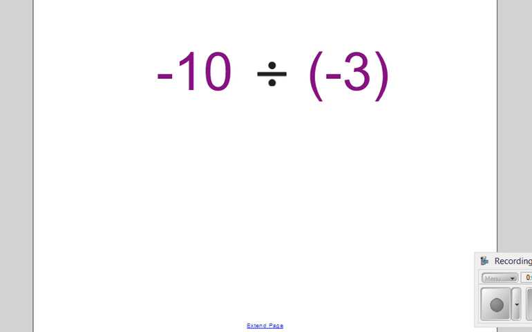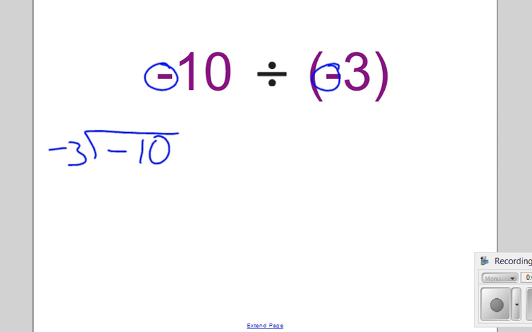Now these same patterns apply to division. When we look at division, if I have -10 and a negative, the negatives are going to cancel each other out. They're going to look a little different, but they're going to work in the same way. So while this problem does say -10 divided by -3, those negatives are going to cancel each other out.